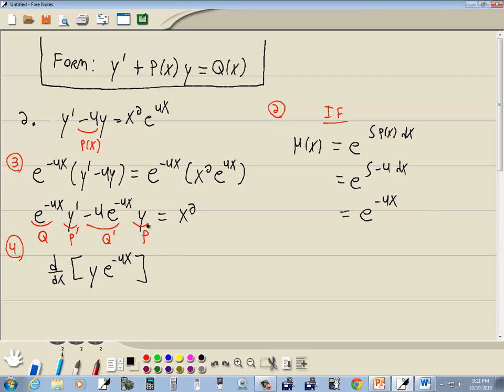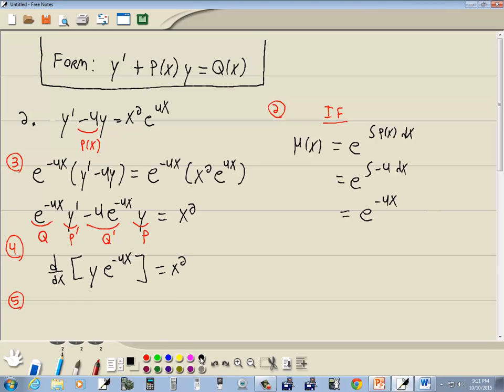You're going to see a pattern on these. Once you identify your p and q, p is always going to be y, no matter what. And then q will always be this first part right here, which will correspond to the first part right here, equals x squared.